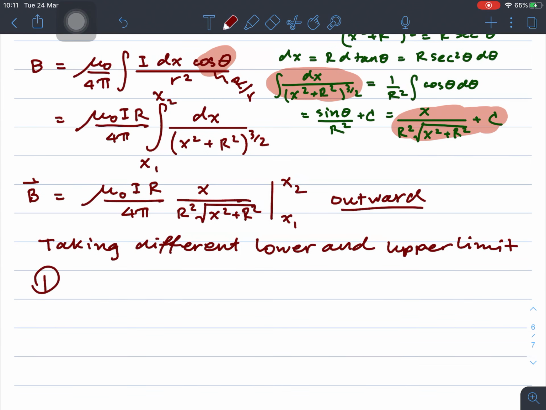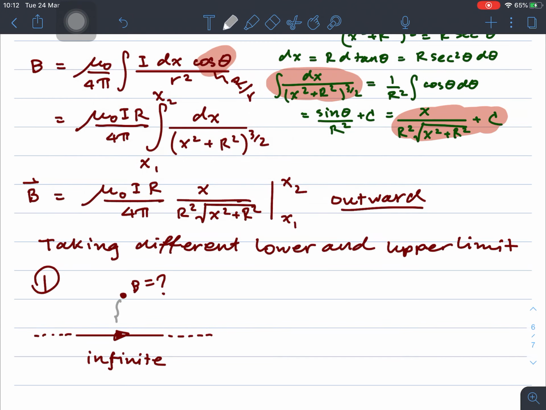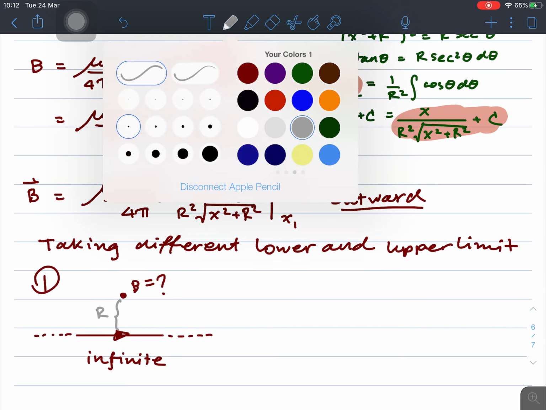For example, for case 1, the easiest case, my current line is infinitely long, and I want to find the magnetic field at point P. This point P is at distance r from the current.